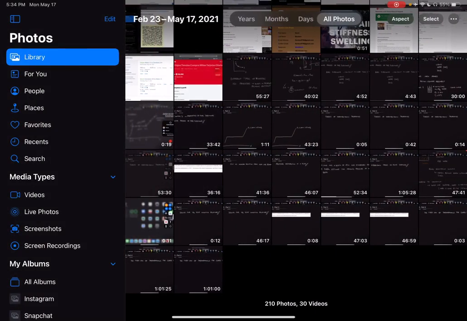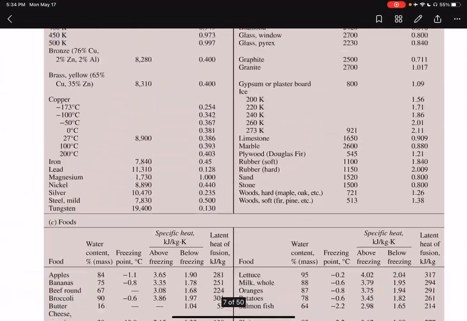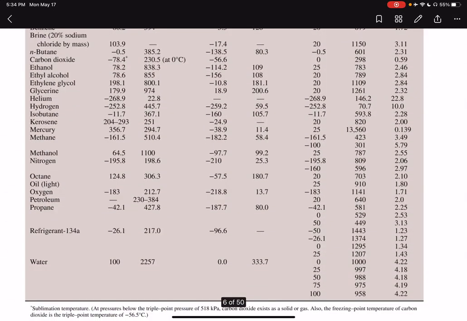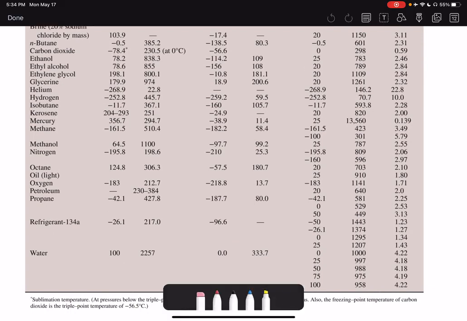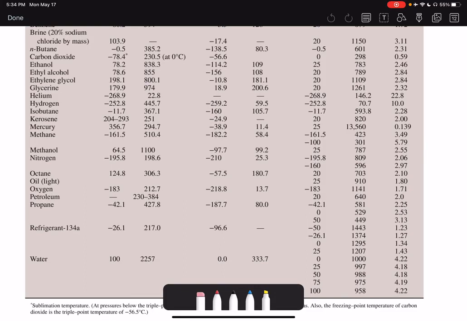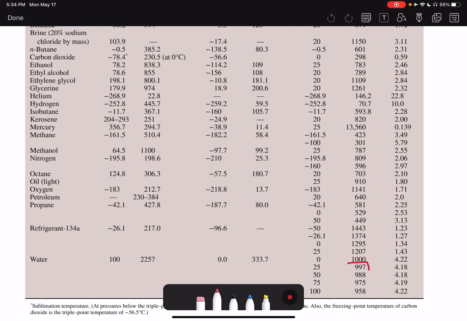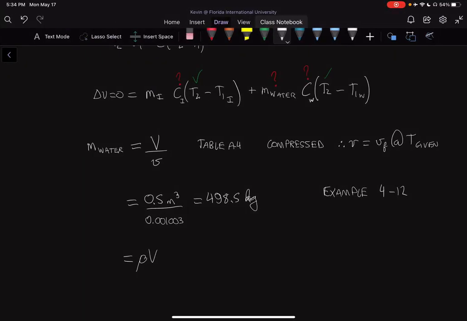They go to table A2 and use the density of water, which is 997. By using the density of 997, they get a very similar value, but they approximate it to around 500 kilograms. So they don't use as many decimal points.